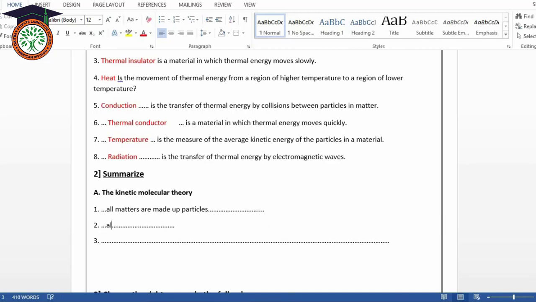And what else? Yes, all particles are in constant collision with each other and with their container.